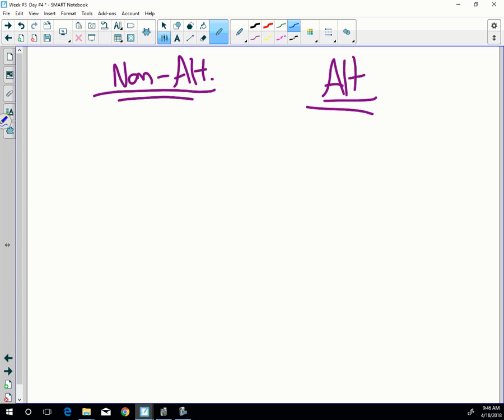For the non-alternating, the first thing you do is take the limit as n approaches infinity of u of n. What does it have to go to? 0. That's the definition. If it doesn't go to 0, there's no chance. If it goes to 2 or infinity, it's not going to converge. The second thing you do is the ratio test. This is what we just did.